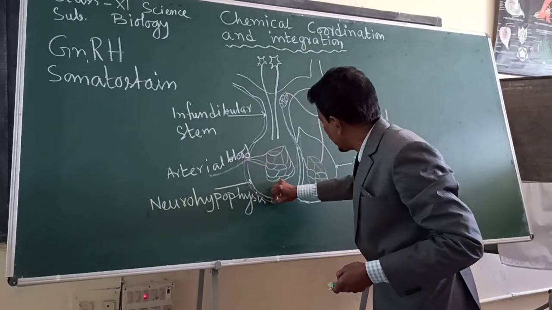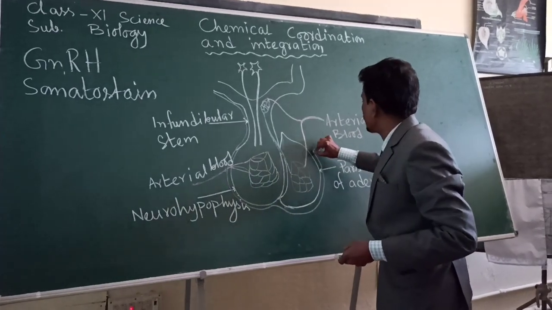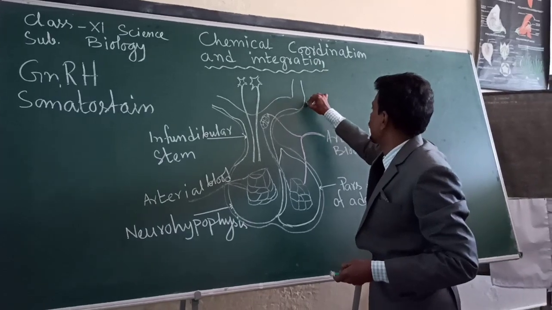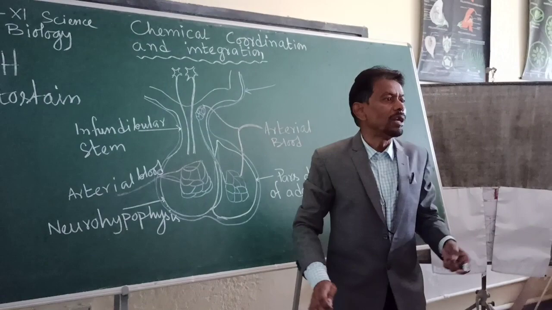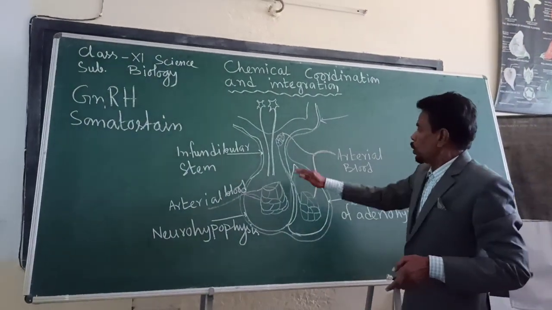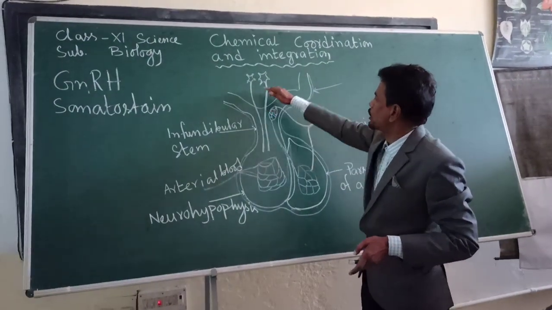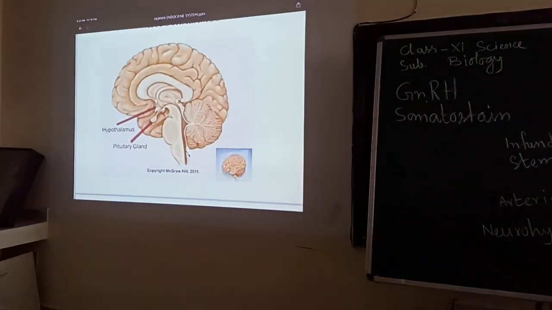This is the bony cage within which the pituitary gland resides. What is this bony covering called? Sella tarsica.